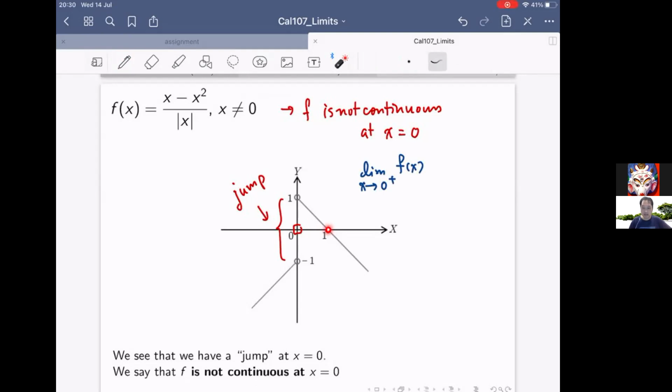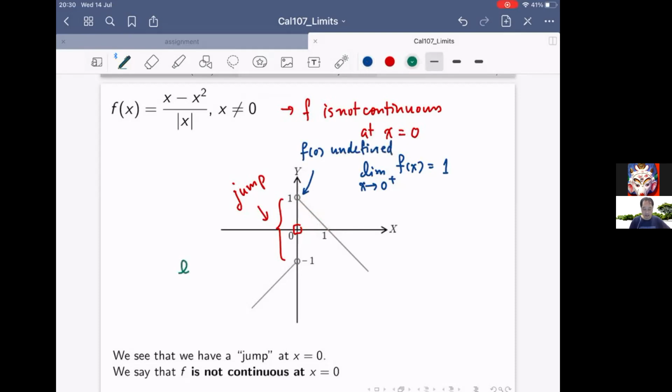Here we have a function value of 1, and as you get closer, the function value keeps approaching what? Approaching 1. So from the picture, we say that this limit equals 1. And we see from here that f at 0 again is undefined.